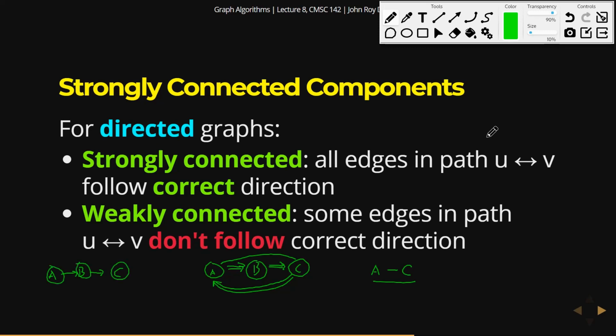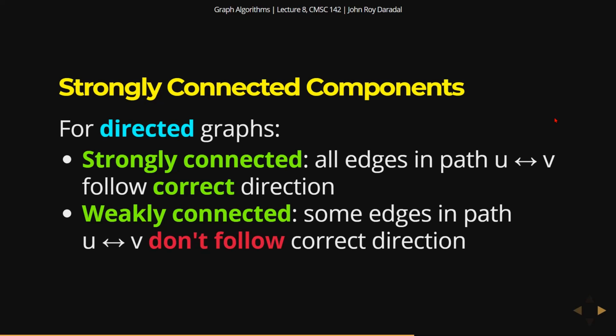Okay, there is a path from A to C that follows the correct direction, right? A going forward to B, and then B to C. But from C to A, there is a path if it was undirected. But it doesn't follow the correct directions, right? So it's going backwards here. So that is only weakly connected because you don't follow the correct direction. Okay? So that would be our second problem, strongly connected components.